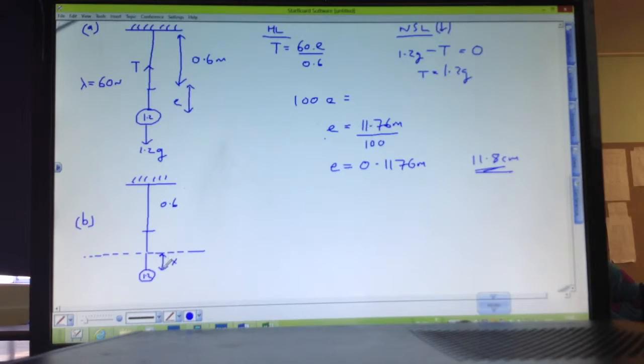Now if X is increasing in that direction, then the acceleration will be in that direction, so it's X double dot. Right, I've got tension, T, and I've got the weight component there, 1.2 G. So for this, I'm going to use Hooke's law.